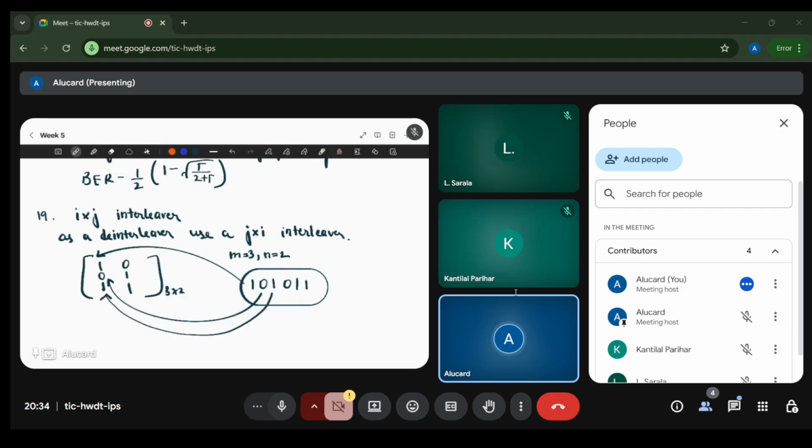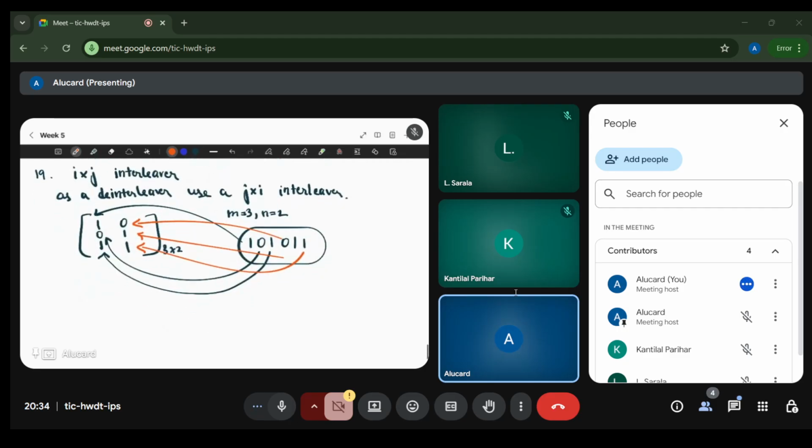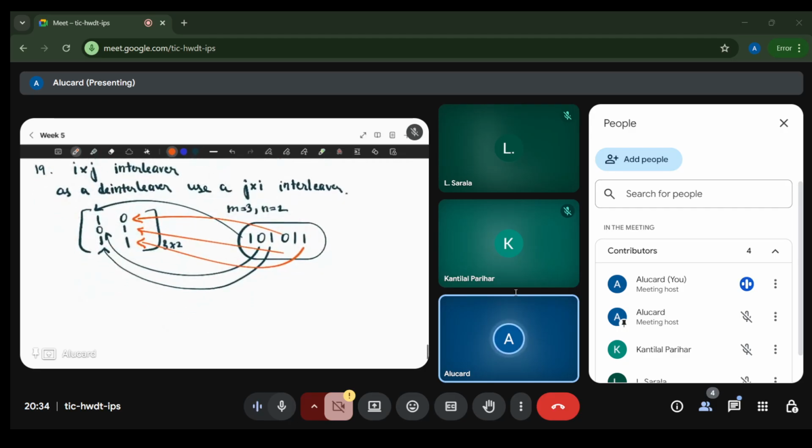Then you fill the second column like this, 0, this one goes here, this one goes here. Then what the interleaver will give you as the output is you read it row-wise. So you'll get 1 0 0 1 1 1. This is what the interleaver will give you. So you see that 1 0 1 0 1 1 got scrambled in this way. So bits got mixed up.